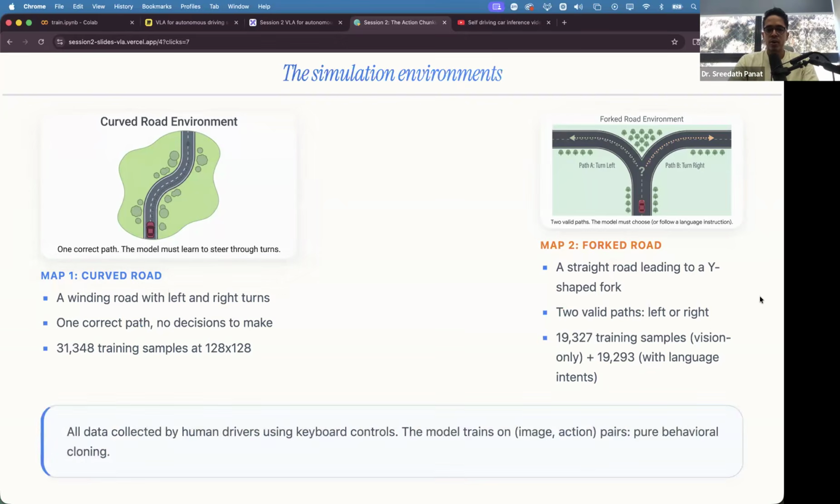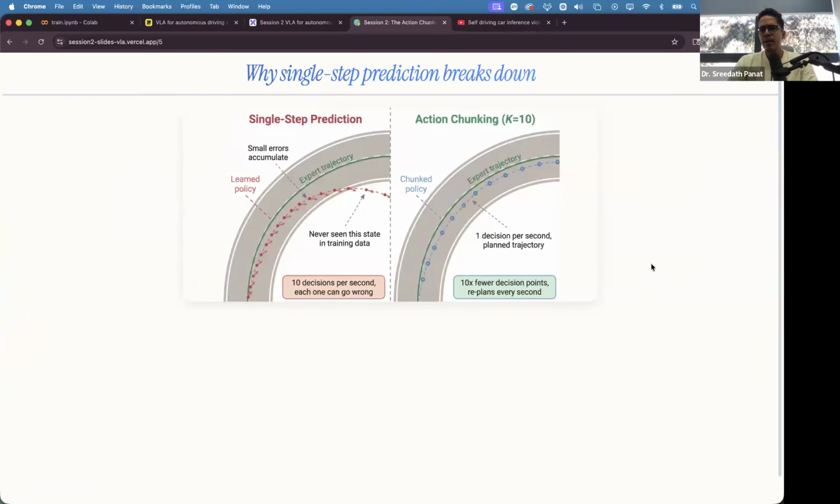Now I'll talk to you about the details of the different architectures that I used. But before that, we discussed this in the last lecture: action chunking. Why the need for action chunking? Action chunking simply means that instead of predicting the next action, you predict the next 5 actions or the next 10 actions.